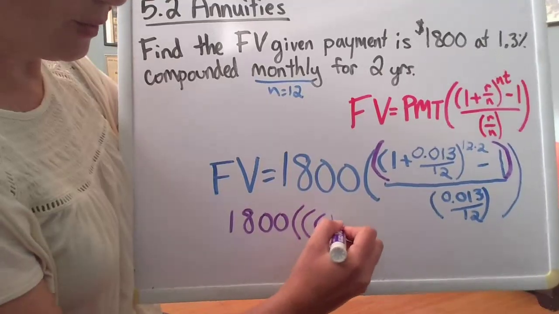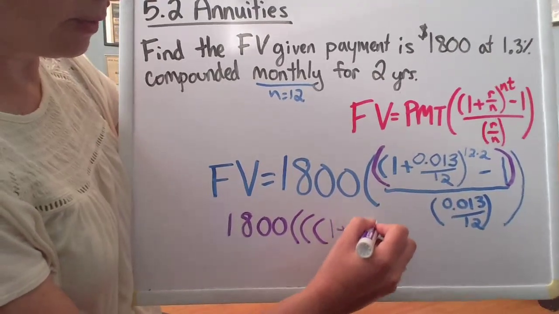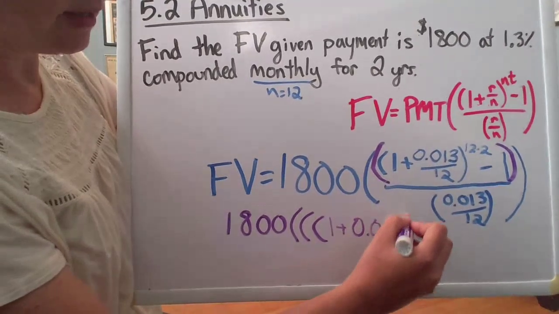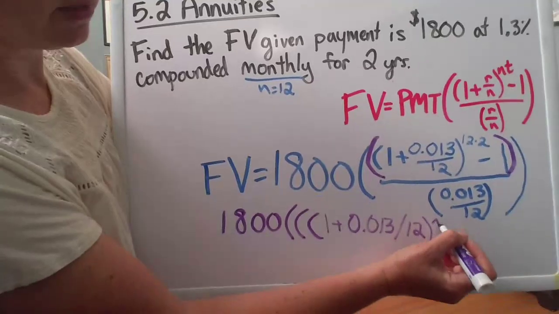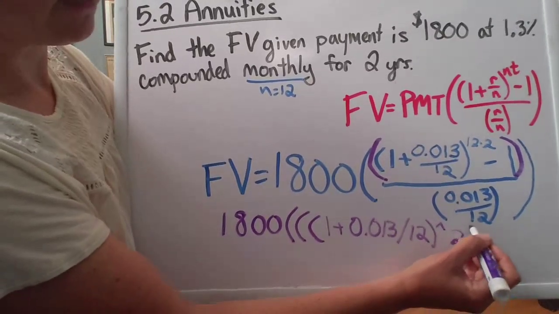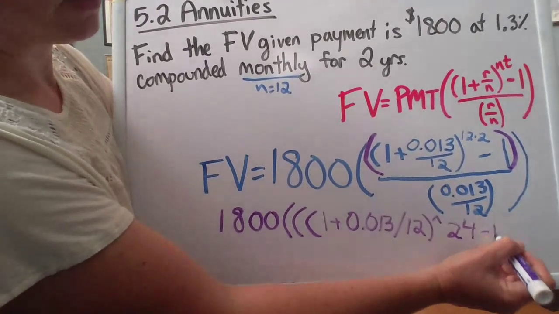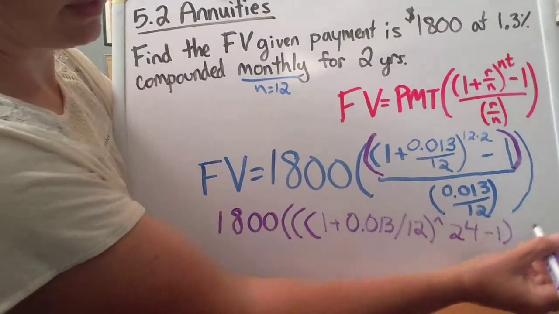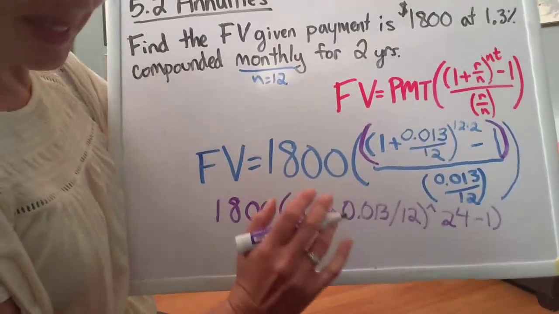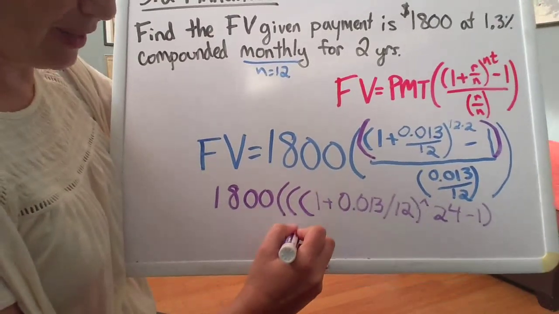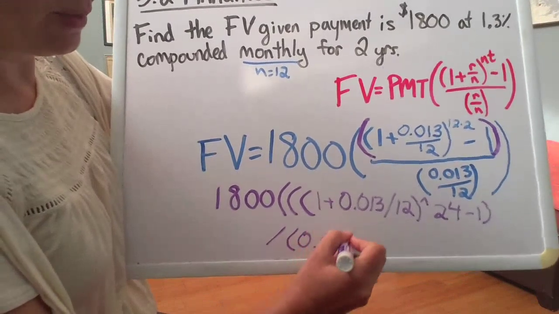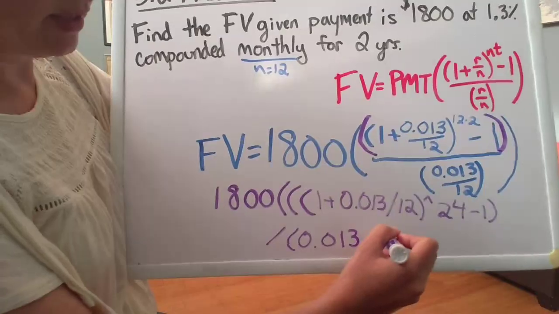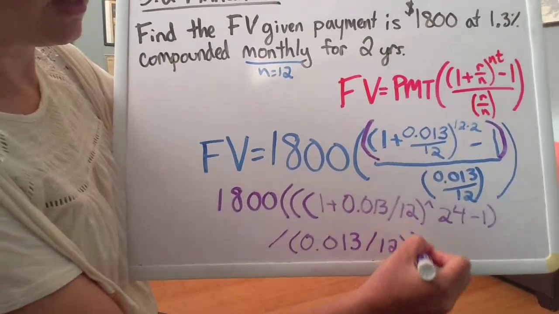And then I would say 1 plus 0.013 divided by 12, close one set of parentheses, little caret, 24, minus 1, another set of parentheses. Then, because we keep going, divided by 0.013 divided by 12, close and close.